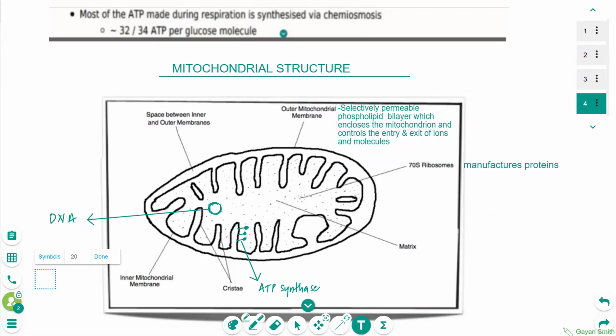The inner mitochondrial membrane now is highly folded, and contains the electron transport chain and ATP synthase.